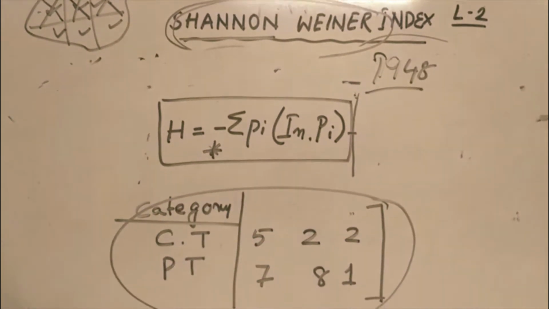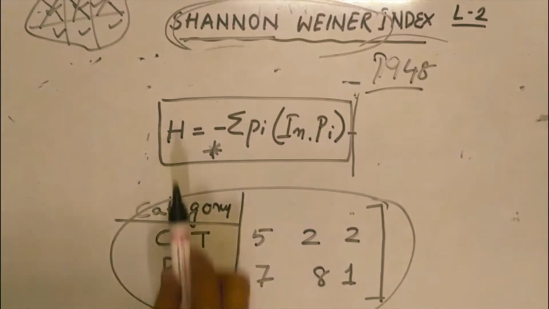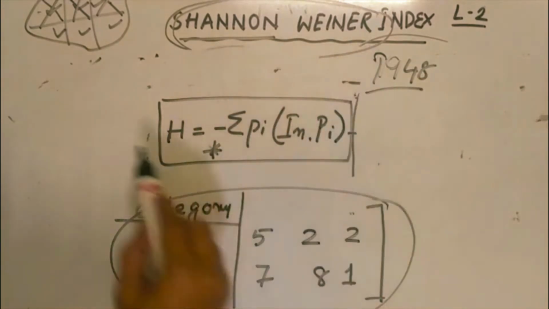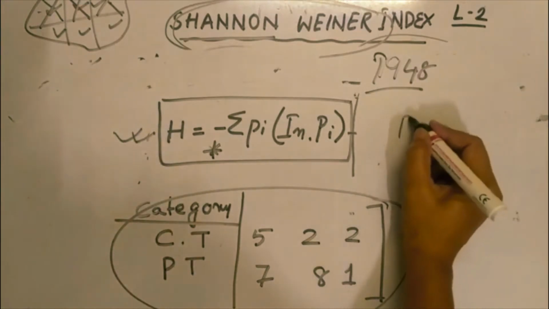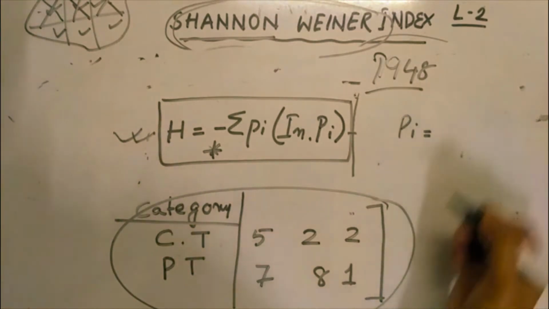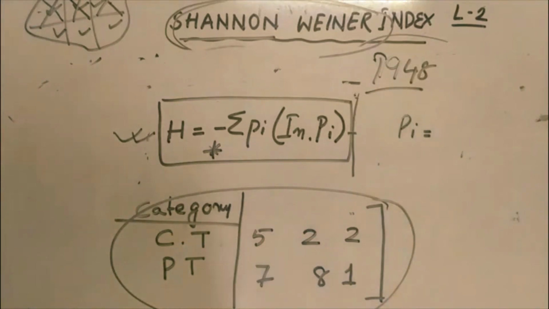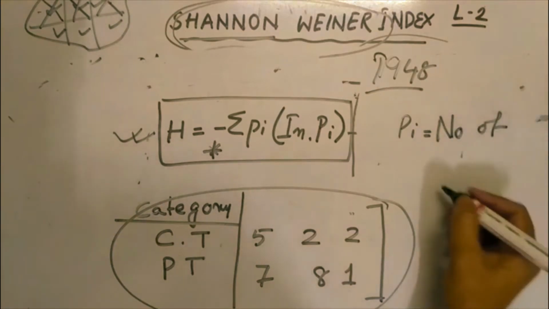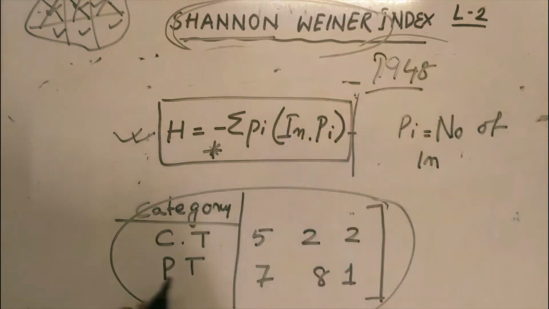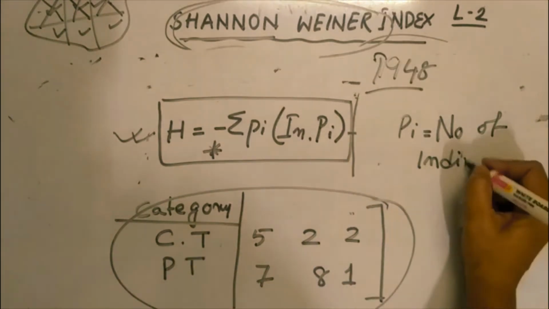From this given data set we have to calculate the Shannon index with the help of this formula. What is P? First you have to know what P is. P is the number of individual species, like cypress tree, pine tree, and so on.